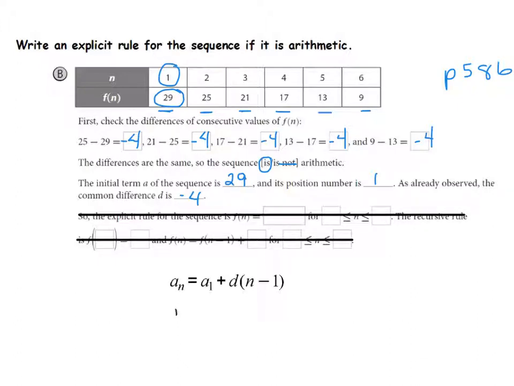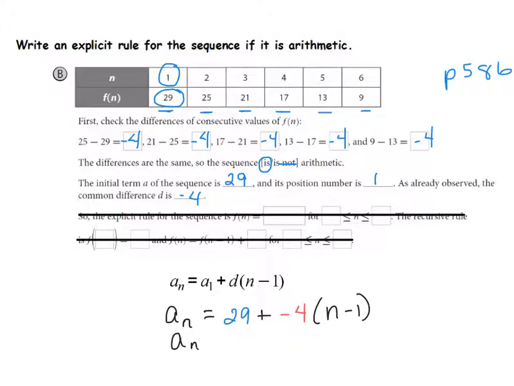I'm going to leave it a sub n, that's kind of like my y, equals the first term in the sequence. That first term in the sequence was 29, plus our common difference, negative 4, parentheses n minus 1. So let me write that again.